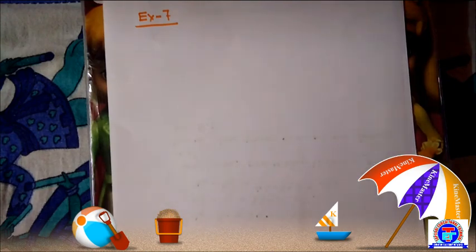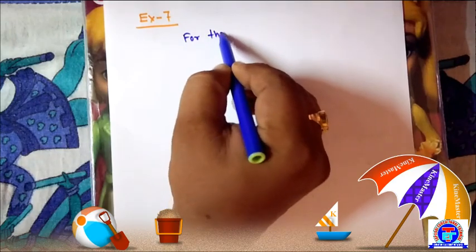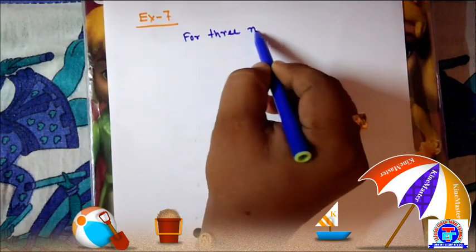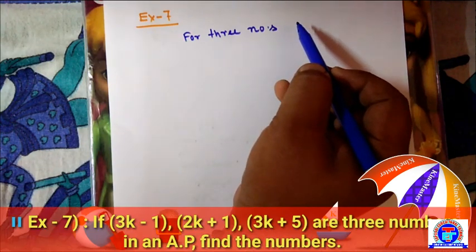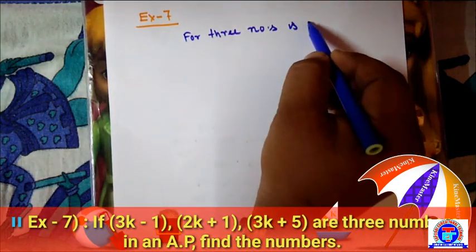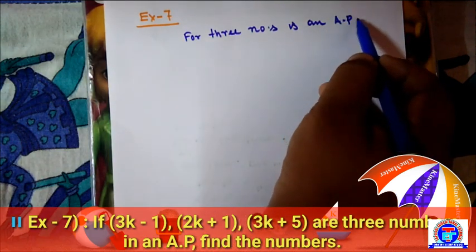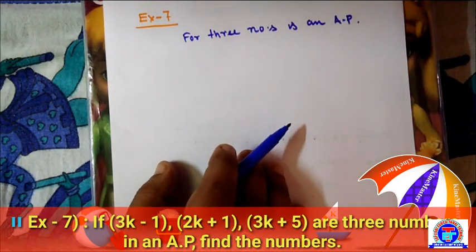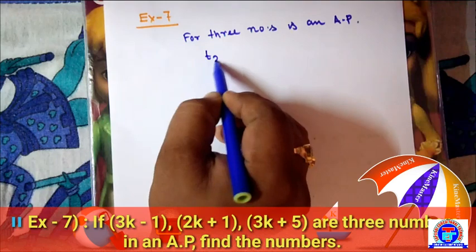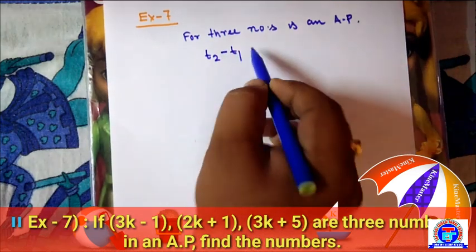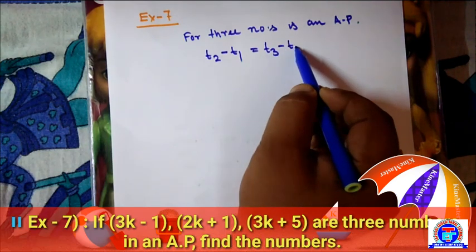For three numbers in an AP, we can write T2 minus T1 is equal to T3 minus T2.